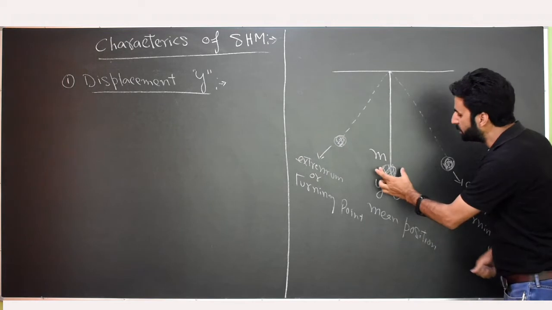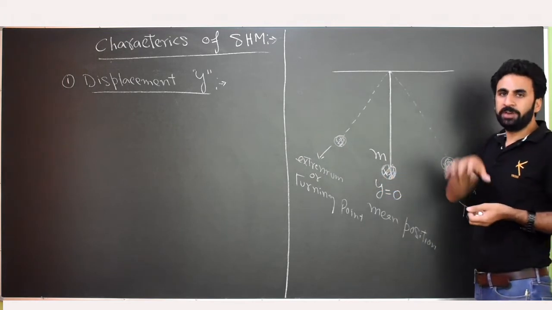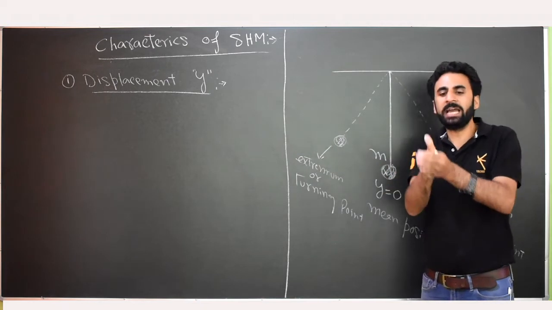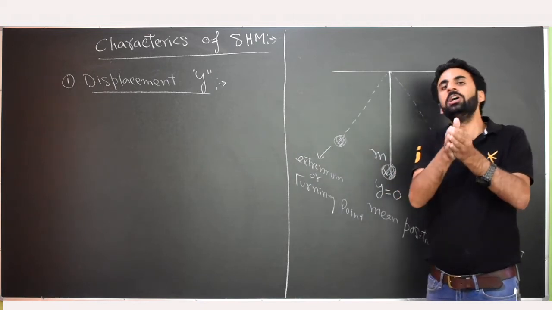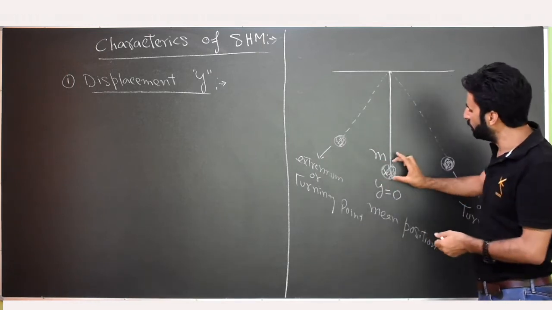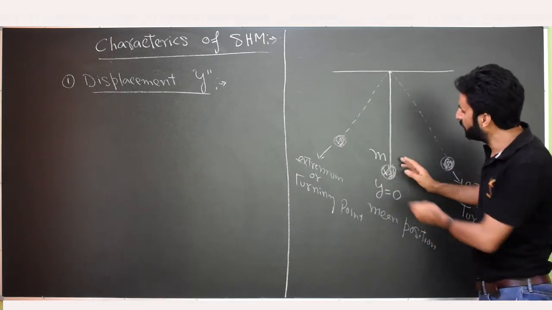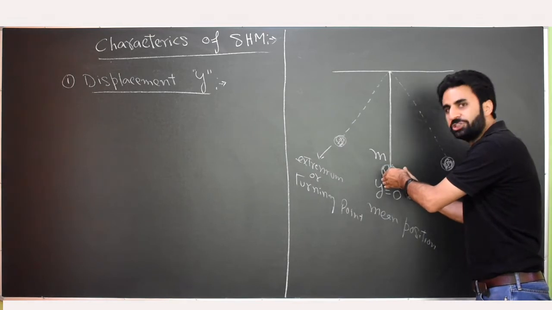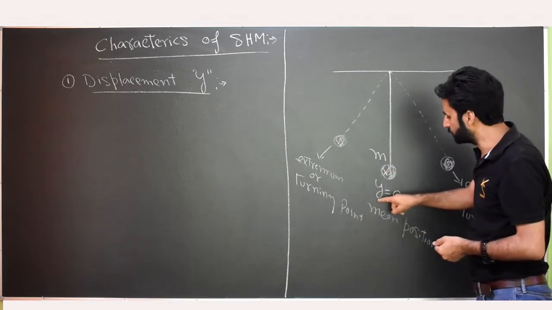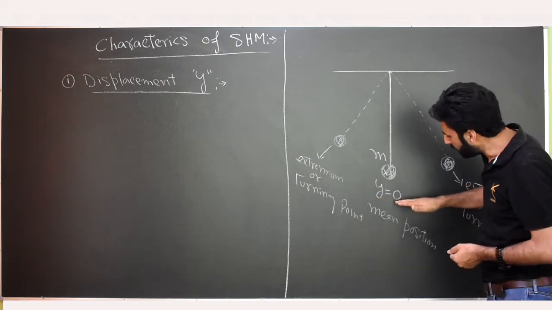Displacement means, because wherever we have to define displacement of a particle we have to have some origin, and that origin here is known as the mean position. It means we'll be calculating the displacement of a particle with respect to this position. So at this position, or at the origin, what we can call it, the displacement of the particle is 0.